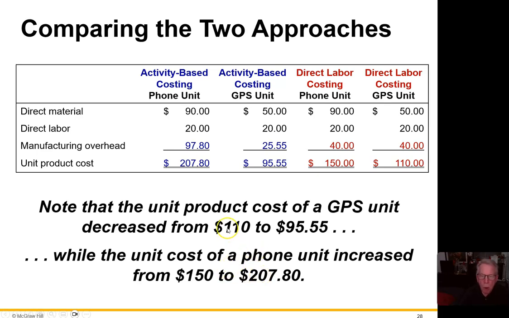So while the unit product cost of the GPS unit decreased from 110 to 95, the cost of the phone unit increased from 150 to $207.80. Now, that is a lot more work to make those calculations, and it would have to be worth your time to do that. In this case, it would clearly be worth their time to do that.